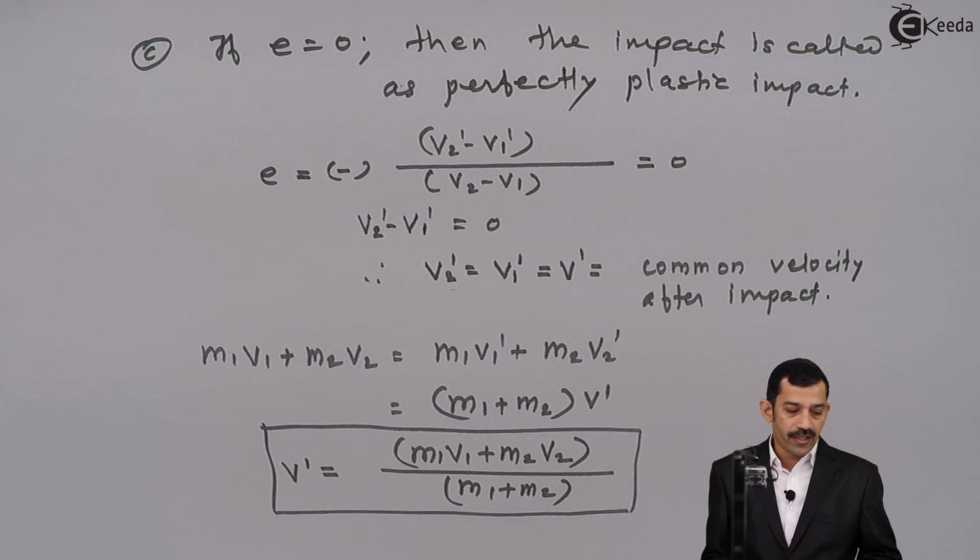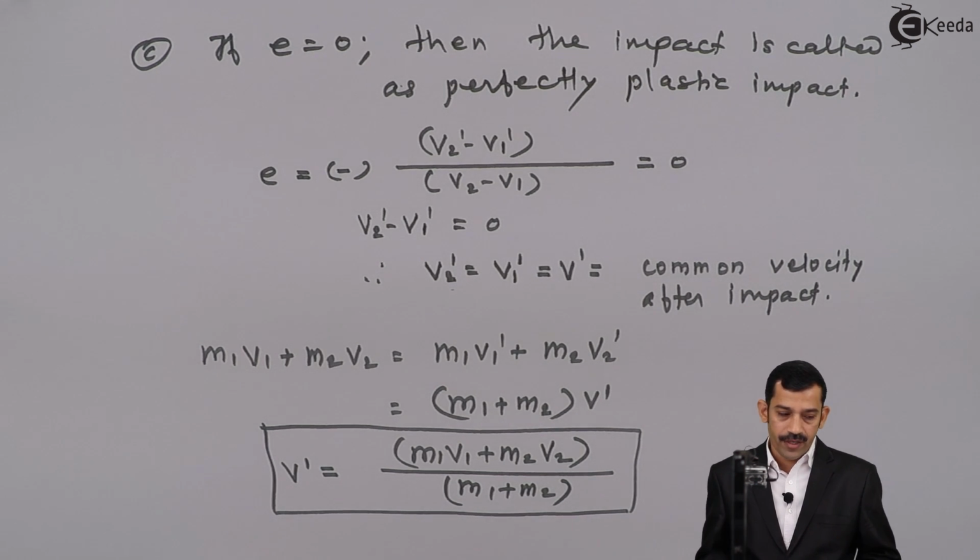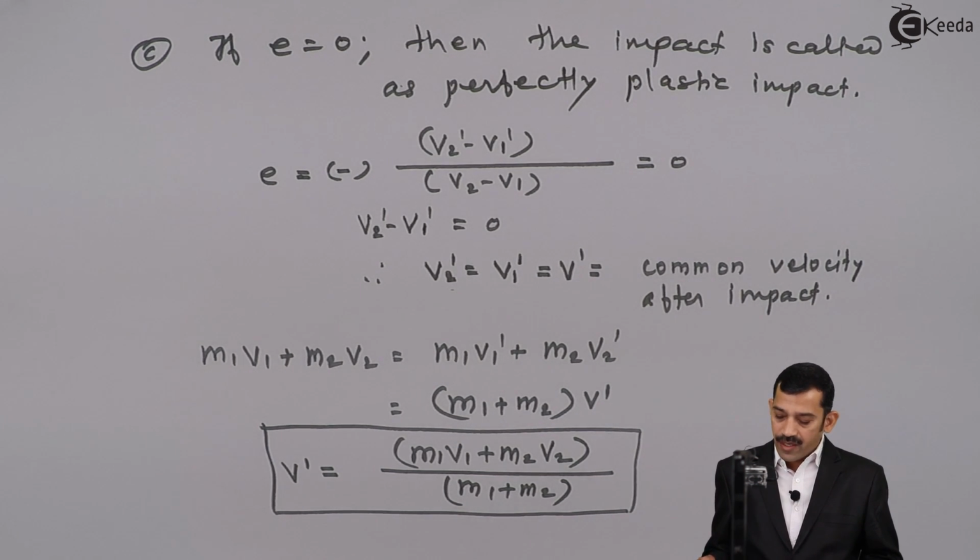Now once we get the coefficient of restitution, we get types of impact from it, right? Some more types of impact you will get depending on the direction of velocities. What you have now are three types: perfectly elastic, perfectly plastic and semi-elastic impact, from the values of the coefficient of restitution.